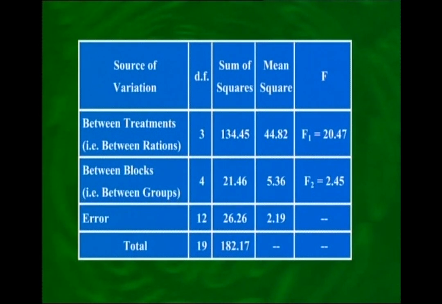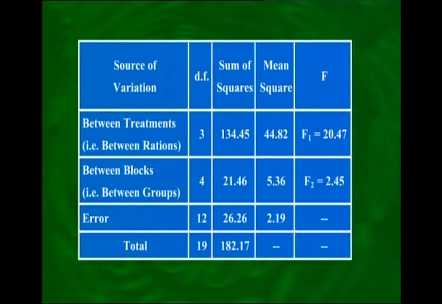The sum of squares for treatments is 134.45, that for blocks is 21.46, and the one for error, by subtracting 134.45 plus 21.46 from 182.17, is 26.26. The column of mean square is very easily obtained by dividing the values in the sum of squares column by the corresponding degrees of freedom.